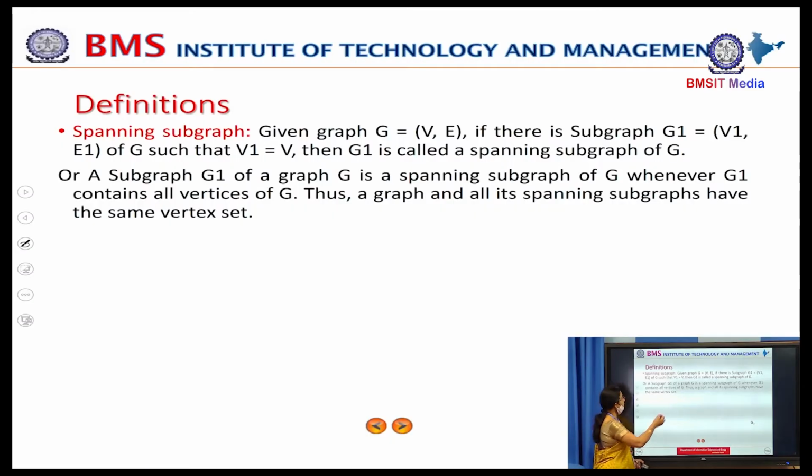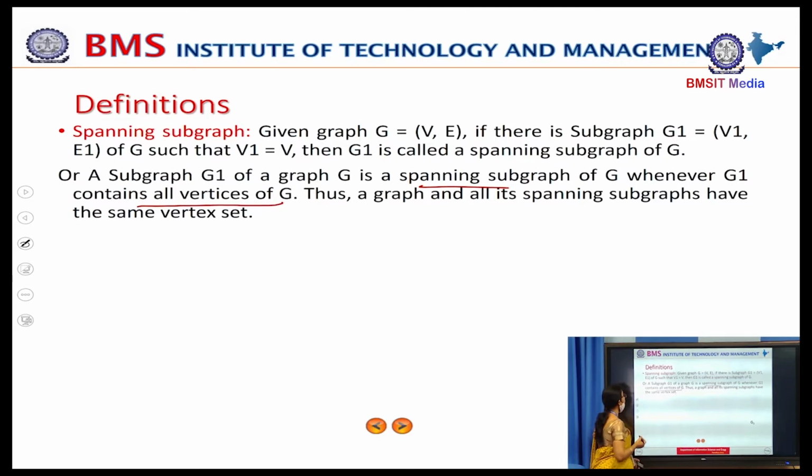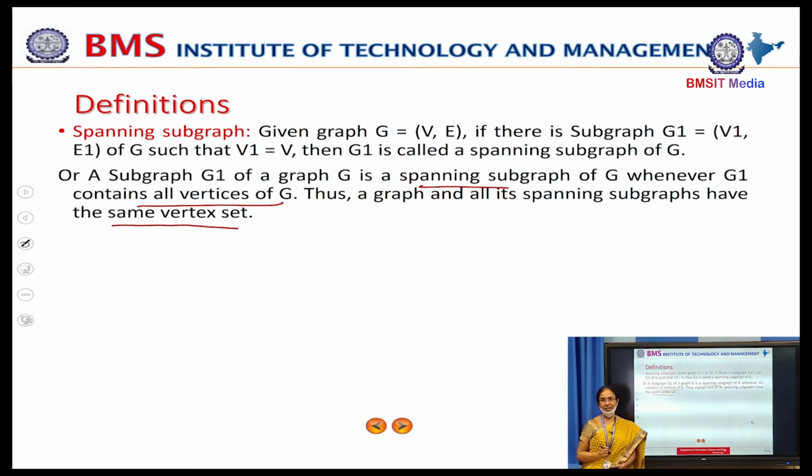So the subgraph G1 of the graph is a spanning subgraph of G whenever G1 contains all vertices of G. This is very important. Thus a graph and all its spanning subgraphs have the same vertex set.